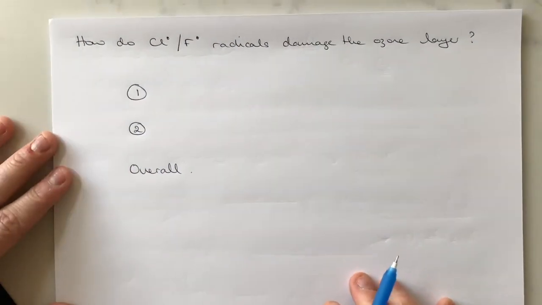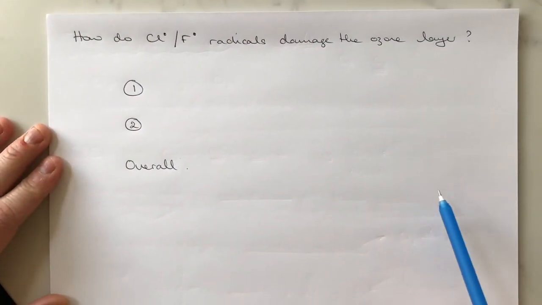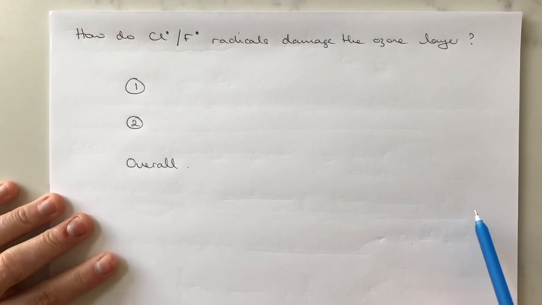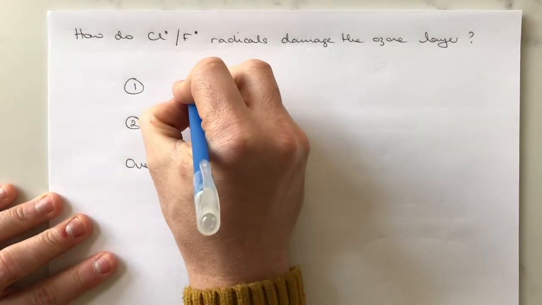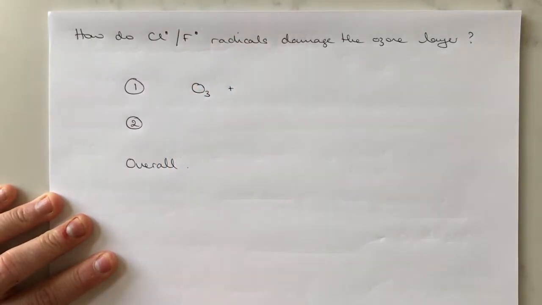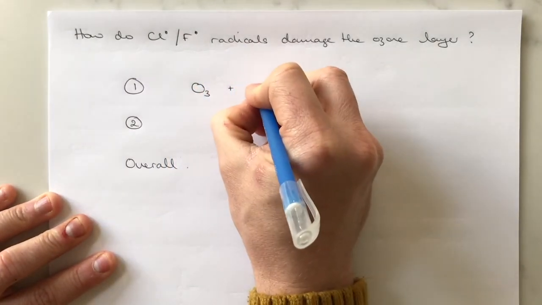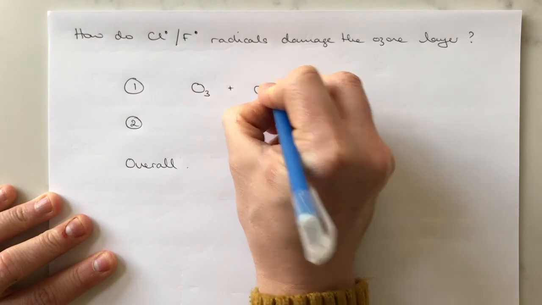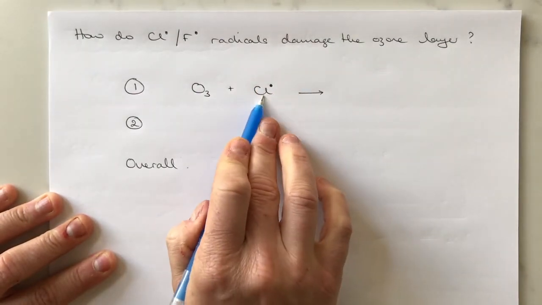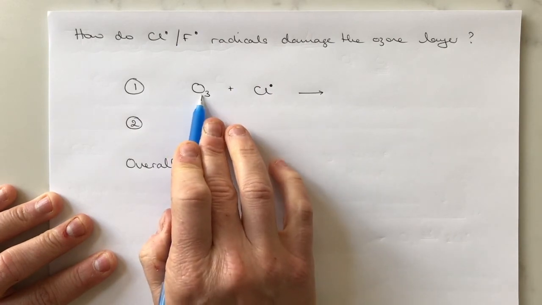Now, the next bit is the key bit of this section of the topic. These are just reactions that you just need to learn, okay? So, ozone, made up of O3. If up in the atmosphere it collides with a chlorine radical, the first thing that occurs is that the chlorine radical will take an oxygen off this.